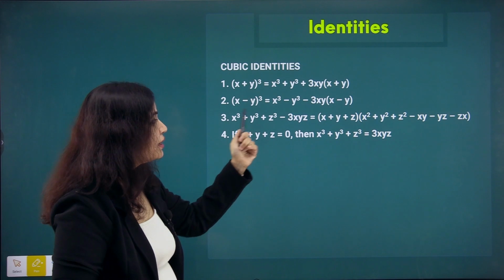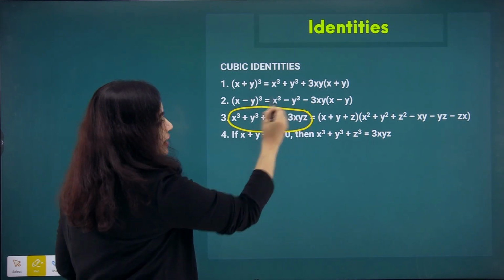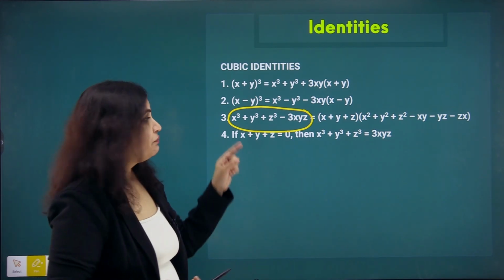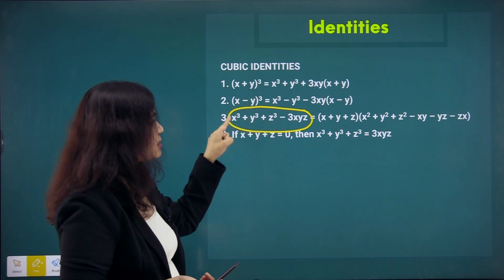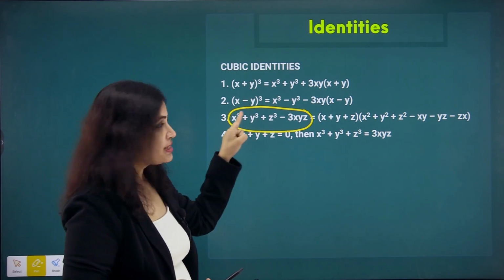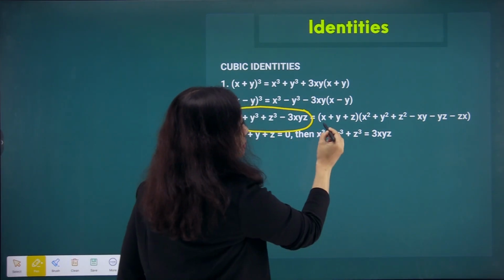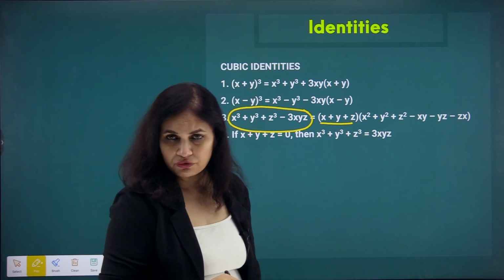when we have a polynomial like this and we have to factorize it, then very smartly we'll find out if the sum of x, y and z is 0, then what will happen? This x plus y plus z will become 0, and 0 multiplied with any number will give you 0.